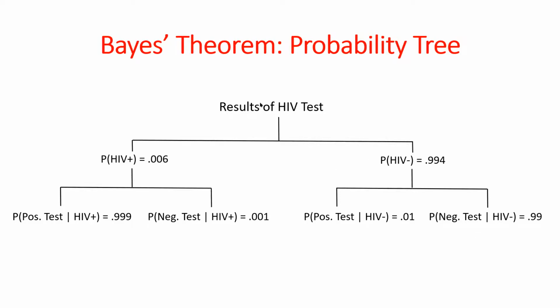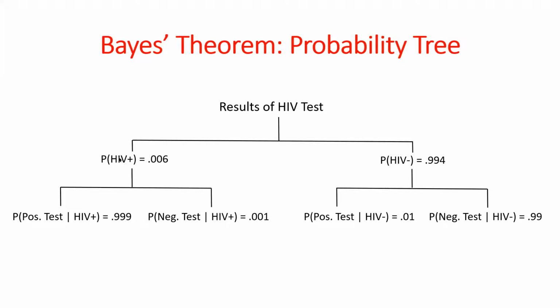So originally, what are your two states of nature? You could either see someone be HIV positive or HIV negative. I was only given this one, but I know the two states of nature have to add up to 1. So once I knew this was 0.006, I automatically knew this was 0.994.